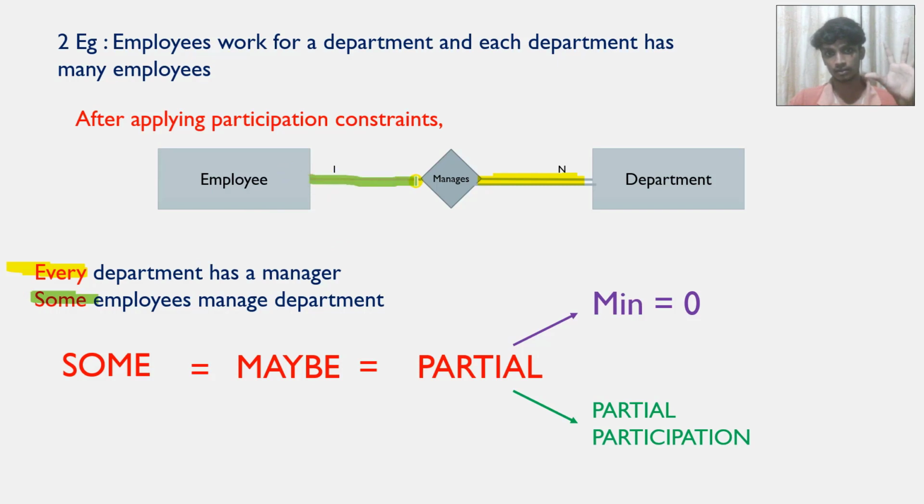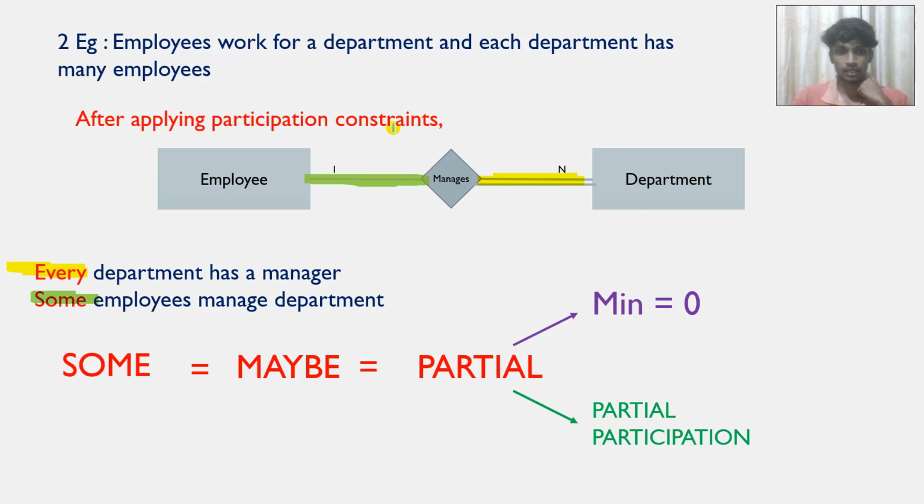It is not every. Maybe they will have some managers, but most of the employees are not managers. So there will be some employees who manage the department. Some means some employees are not managing a department. So their participation is zero. They are not participating in that context. So the min value will be zero.